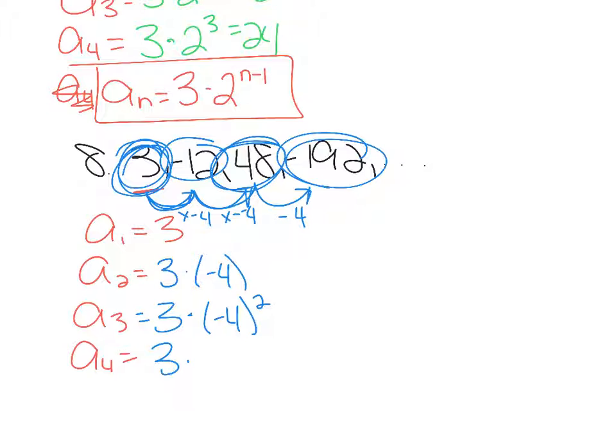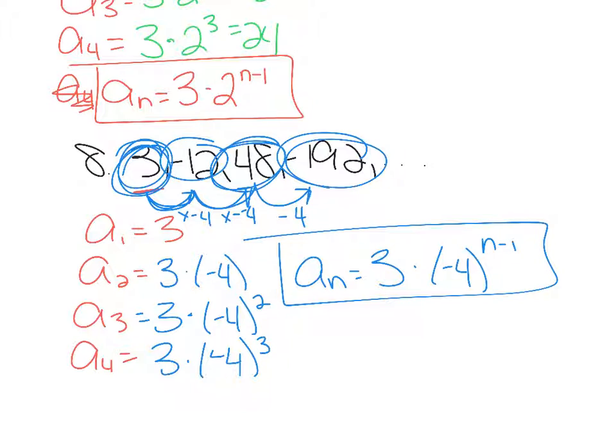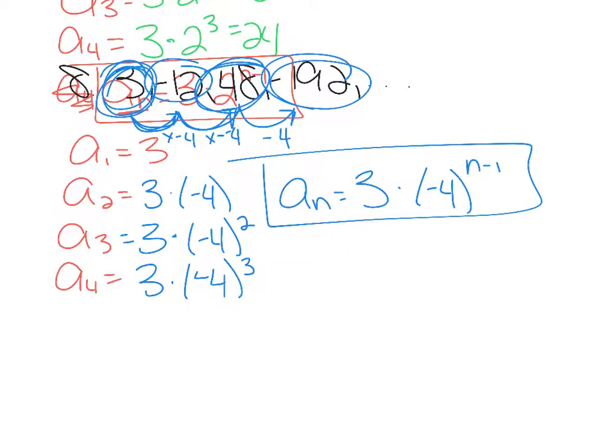I would take 3 times negative 4 three times, or 3 times negative 4 cubed. So if I want to find the value of any term in the sequence, you have to start at 3. That's the only way you're going to get to the other terms. And you're going to multiply by negative 4 one less time than the term number you're looking for.